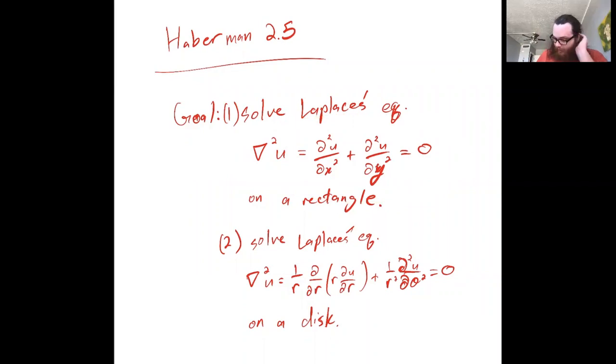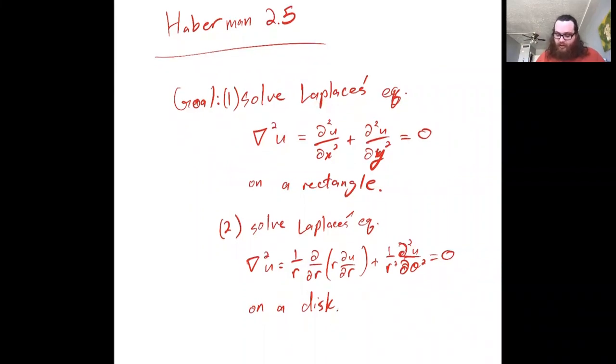Related, we're also going to look at solving the same equation, nabla squared u is equal to 0, on a disk, which corresponds to finding the equilibrium temperature for the heat equation in polar coordinates. And then the third piece will be some more qualitative aspects of each of these equations.